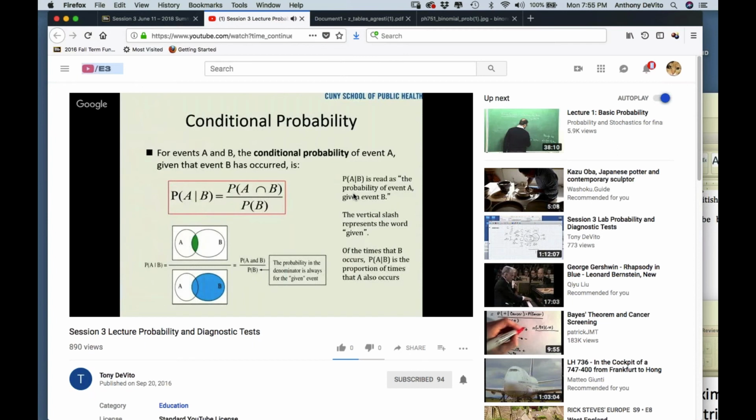Or back in that example of heart disease and chlamydia, your probability of having heart disease, given that you have chlamydia, would be, obviously you have to have both of them, but since it's conditional on having chlamydia, you have to correct for the probability of that having happened.